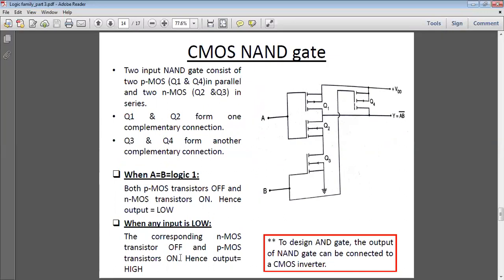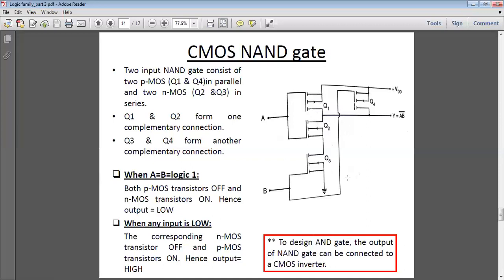When A and B are logic 1, the PMOS transistors are off and the NMOS transistors are on. So, as PMOS is off, the output is low. When both are high level, you get low. When any input is low, then the corresponding N channel MOSFET is off, but the P channel MOSFET is on, hence at the output you get high output. This circuit can operate as a NAND gate.